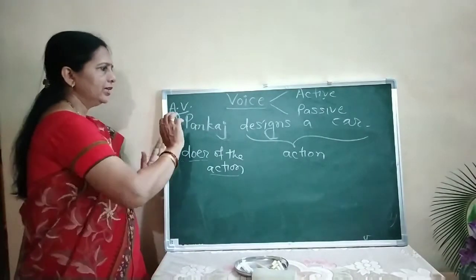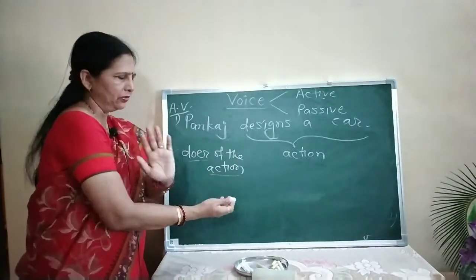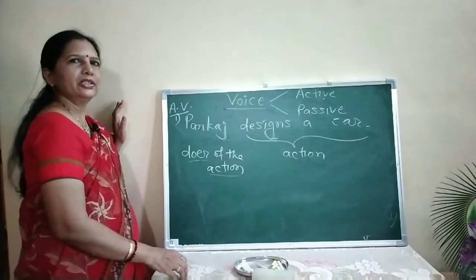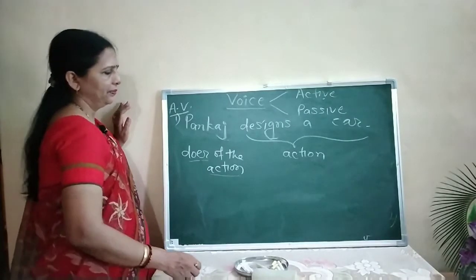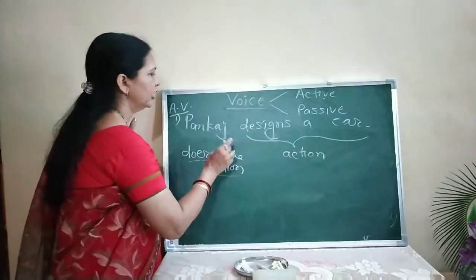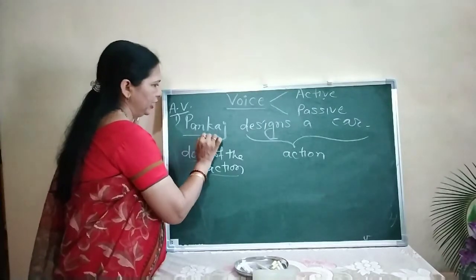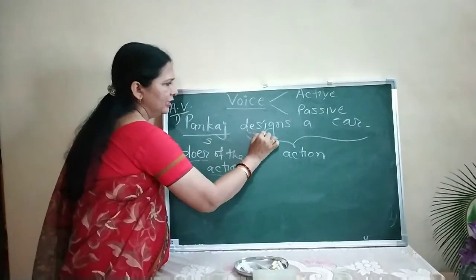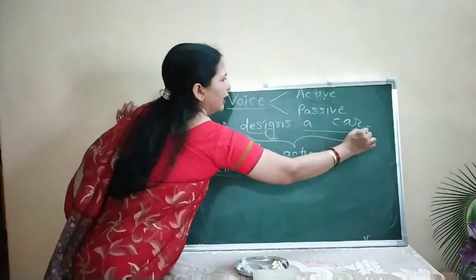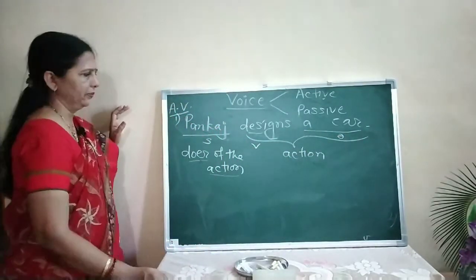Now, let us change it to passive. What changes take place when we change a verb in active voice to the passive voice? Here Pankaj is the subject, designs is the verb, and this is the object.